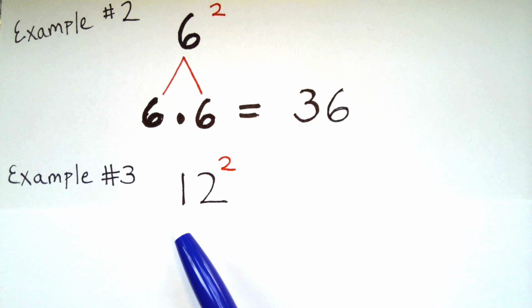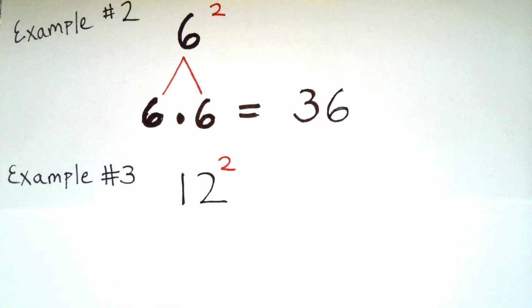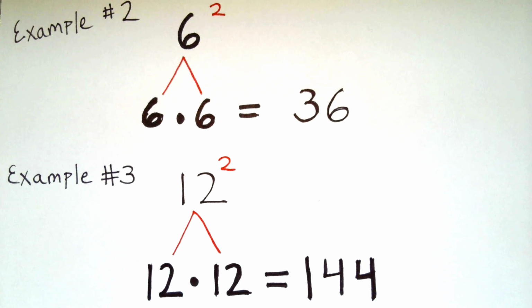What is the simplified value of 12 squared? All right, if you said base 12 times itself twice, or 12 times 12 equals 144, you are absolutely right. You are rocking it right there. Good job. 12 times 12 equals 144. You're working at a very high level of understanding.